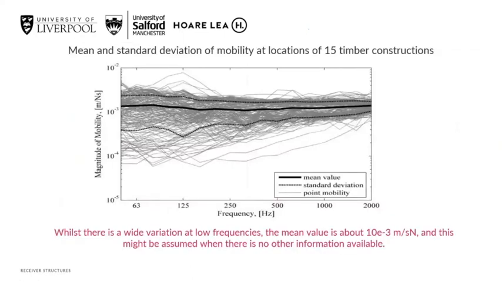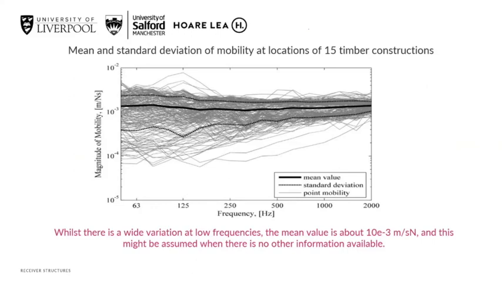So this is also some more data of 15 different timber floor constructions at multiple locations on each timber floor. And you can see there's also a heavy variance of what the actual mobility of the different floors is.